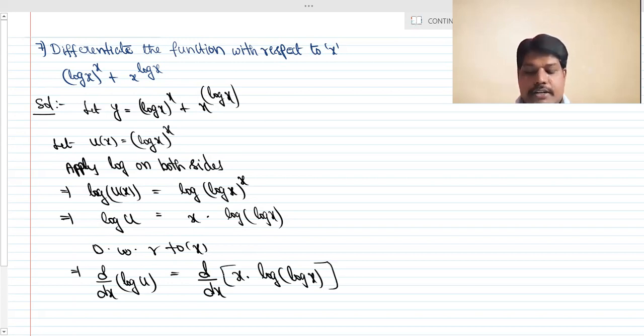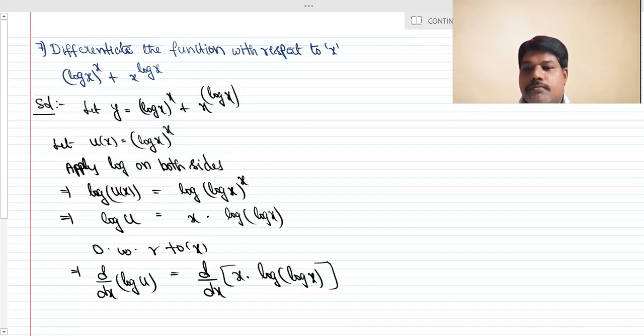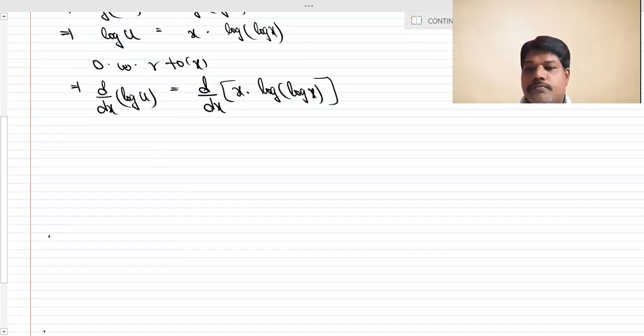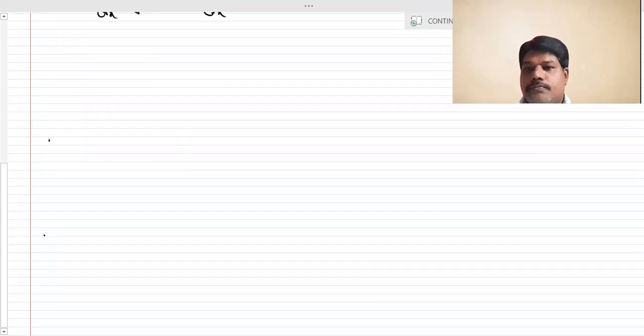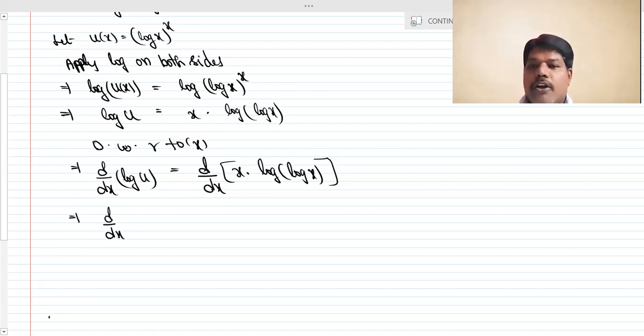So what is this one, students? Here it is the function. You can apply the form here: d by dx of log u. What is the derivative of log f of x? It is 1 by f of x into the derivative of f of x, that is, du by dx.